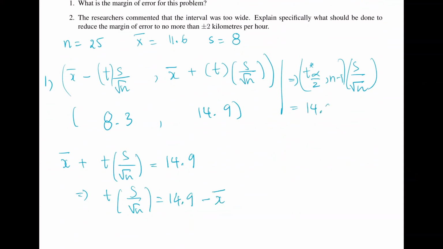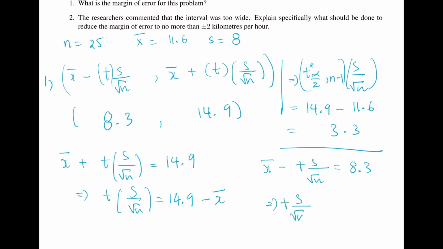So here I have 14.9 minus x bar, where x bar is 11.6. Then I would get 3.3. Or another way you can do is take x bar minus t times s over square root n equal to 8.3.